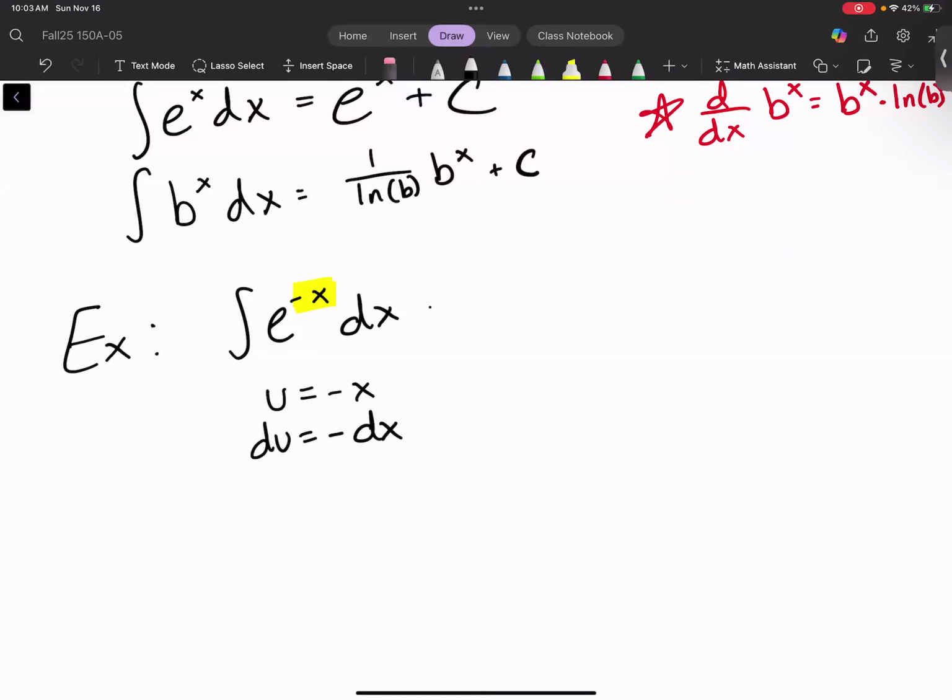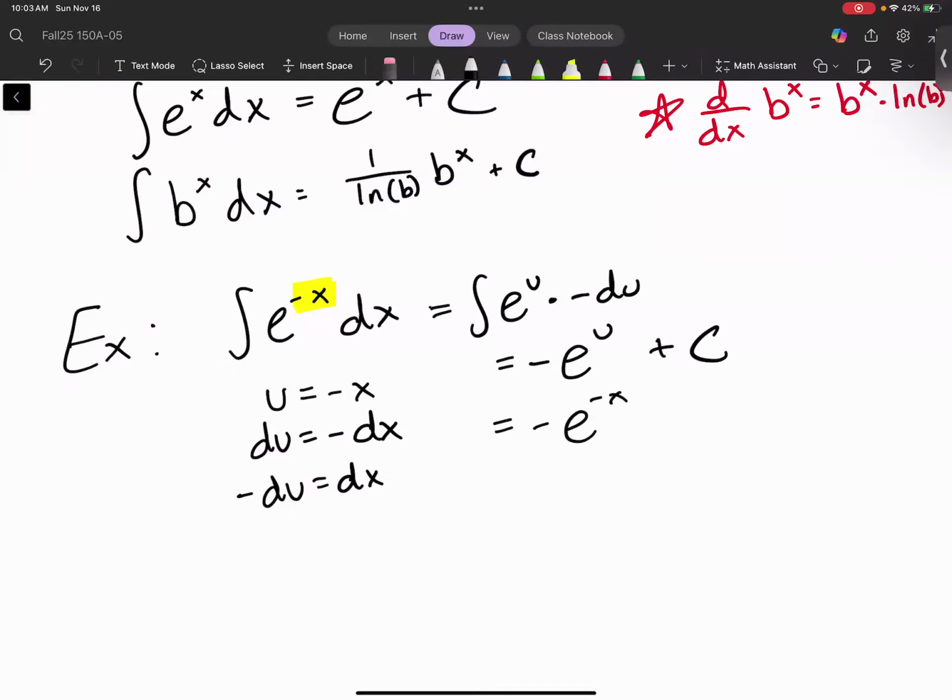We could move the negative to the other side, so negative du equals dx. So this becomes the integral of e to the u times negative du. That negative one can be pulled out, and the antiderivative of e to the u is e to the u, and then we can plug back in the negative x.